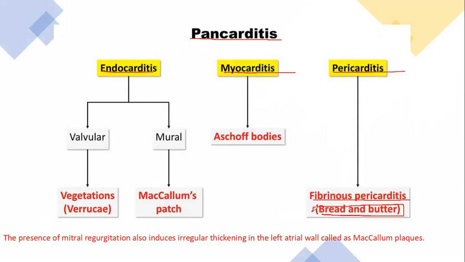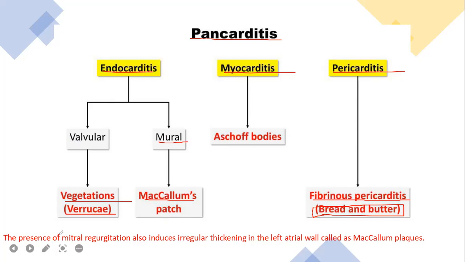Within the myocardium, there will be the Aschoff bodies, and these are pathognomonic of acute rheumatic fever. Within the endocardium, there will be valvular endocarditis, where there will be the vegetations, the verrucae, and there will be mural endocarditis, which will present as MacCallum's patches.